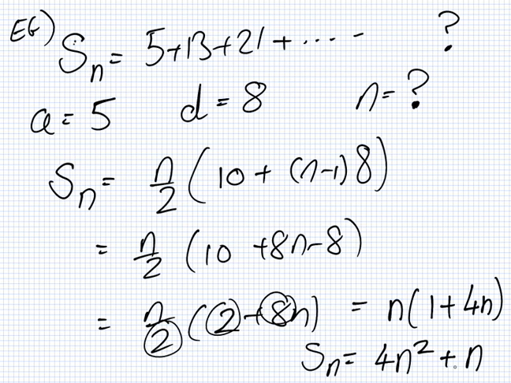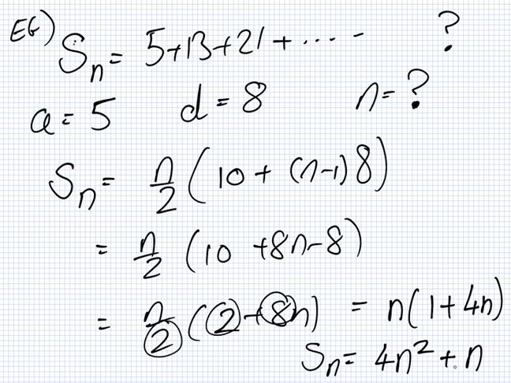So if I put 2 in here, 2 squared is 4, times 4 is 16, plus 2 is 18. So we get 18.